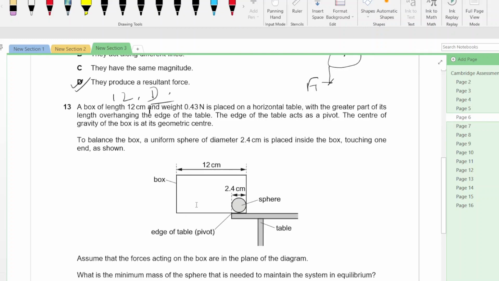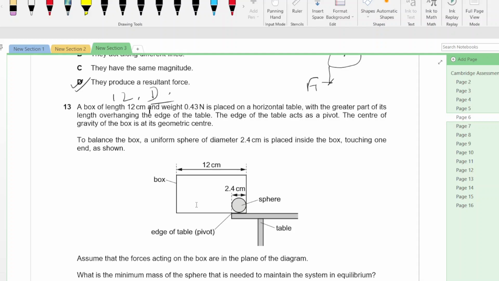Question 13. A box of length 12 centimeter, weight 0.43 Newton, is placed on a horizontal table with the greater part of its length overhanging the edge of the table. The edge of the table acts as a pivot. The center of gravity of the box is at its geometric center.